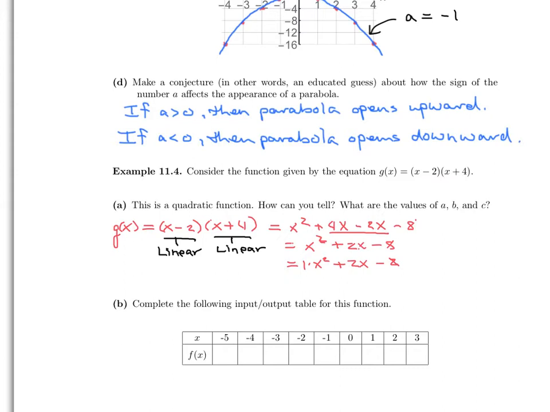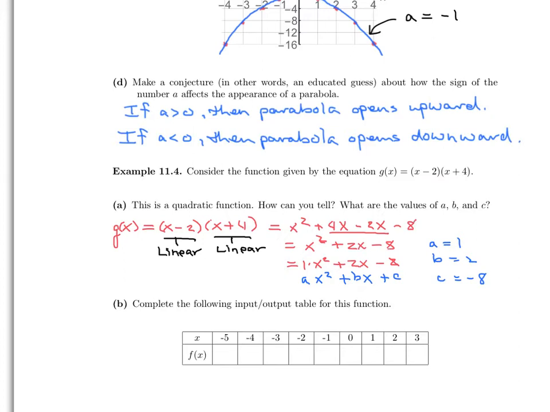So you can see from here that the function has the form ax squared plus bx plus c. Here a is 1, b is 2, and c is negative 8. So it really is a quadratic function.